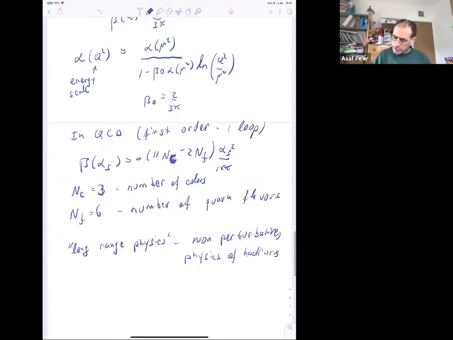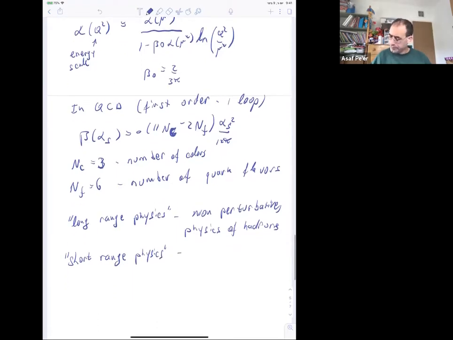And short-range physics: this is perturbative, and this is the physics of scattering at high energies.